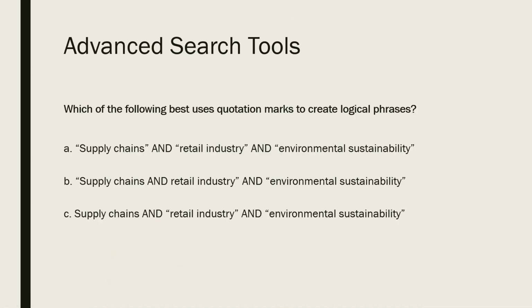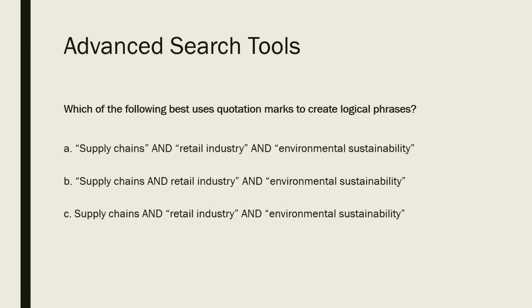So now that we've watched that video, which of the following best uses quotation marks to create logical phrases? If you were doing the search, which would be the most useful one to you? A, in quotation marks, the words supply chains, and then separately retail industry in quotation marks, or separately environmental sustainability in quotation marks?